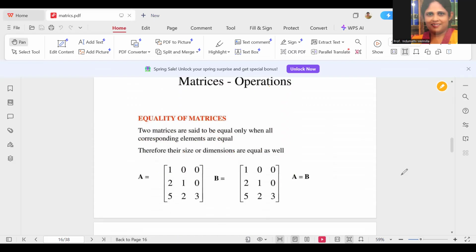Corresponding elements means the elements in the same place should be the same. Shall we consider this one? Here you can see 1 and here the same. These two are 0, then these two should be 0. And this one 5, that 5 is in the same place. So this kind of two matrices we call equal matrices, or equality of matrices.